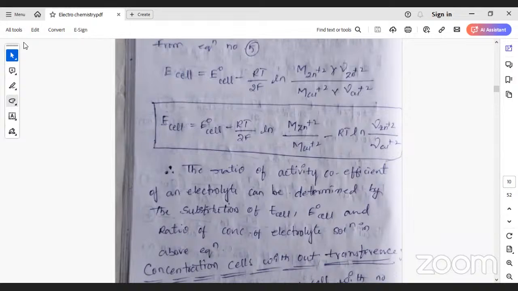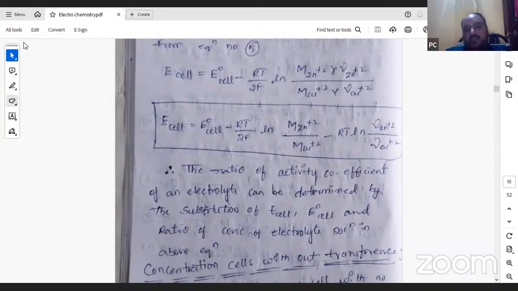Sir, what do you mean by activity of that cell? Activity. Right. So whether ideal solution will be there, directly we can consider the concentration. But non-ideal solutions means that are deviating from the Raoult's law, that are deviating from the ideal behavior.